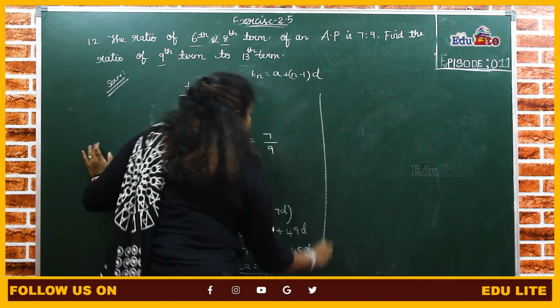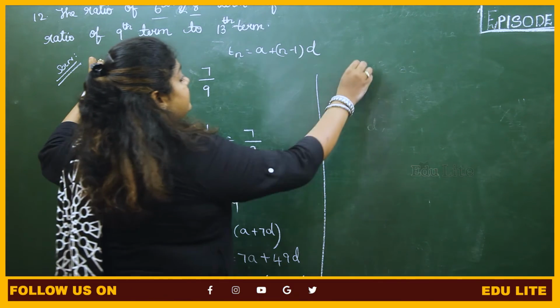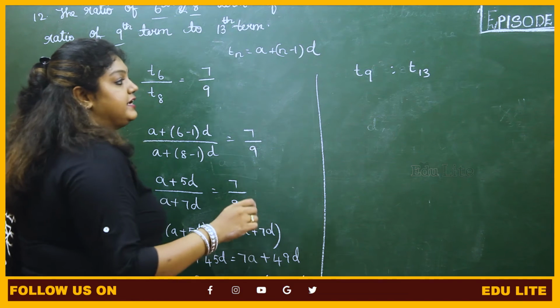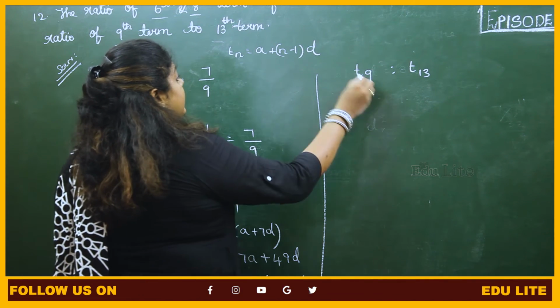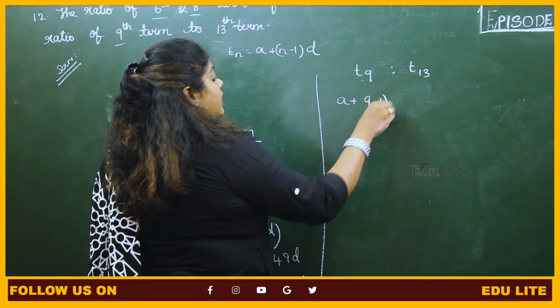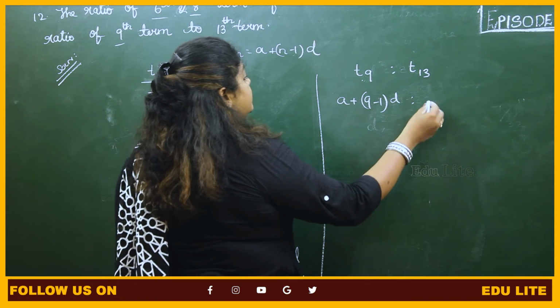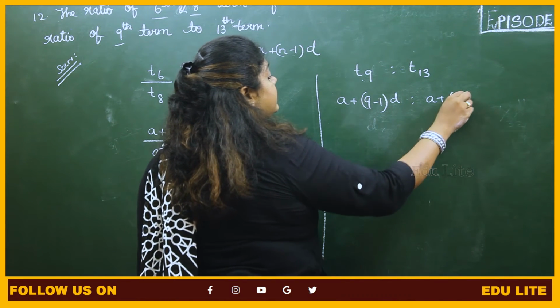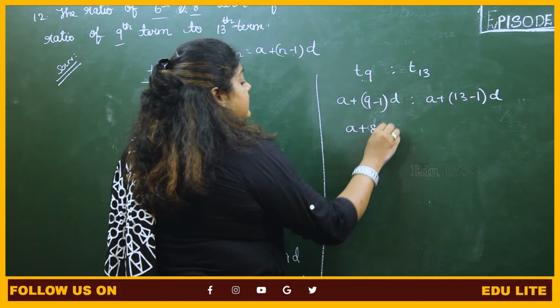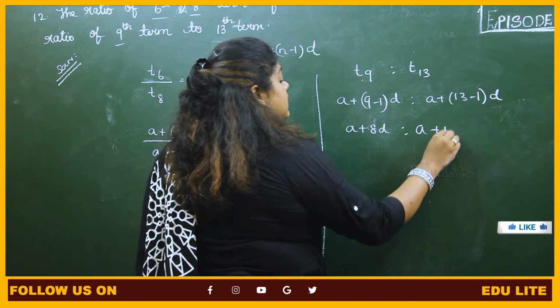Now, what we have to find is the ratio of the 9th term to the 13th term. So I am writing it as T9 is to T13. T9 using the same format can be written as a plus (9 minus 1) into d, which is to a plus (13 minus 1) into d: a plus 8d, a plus 12d.